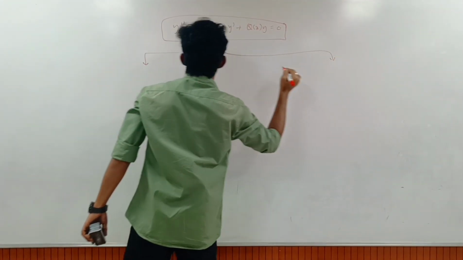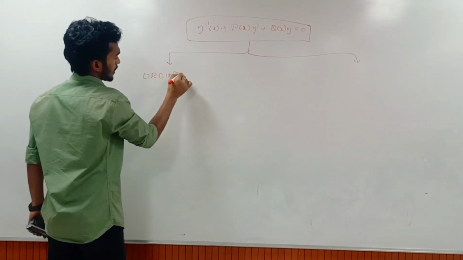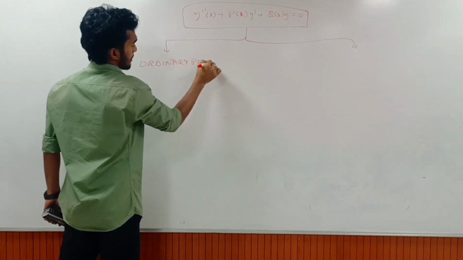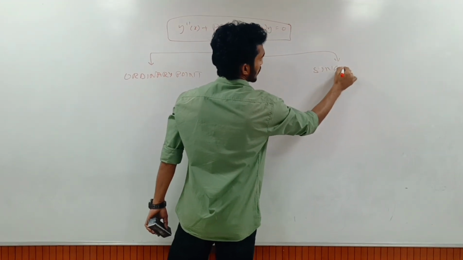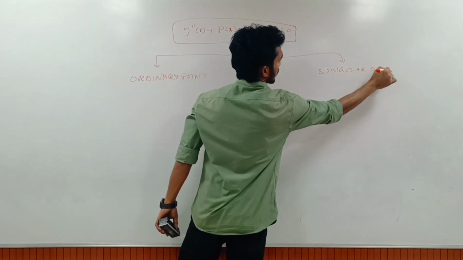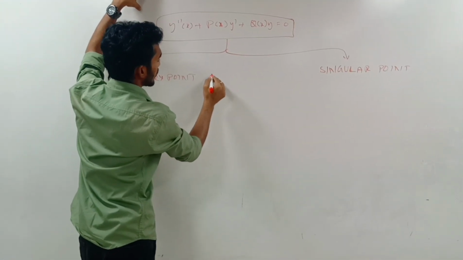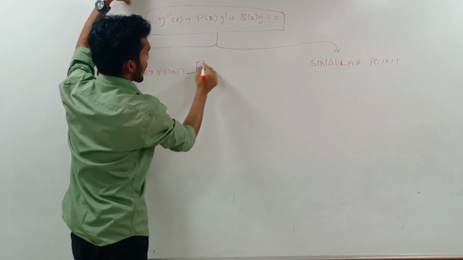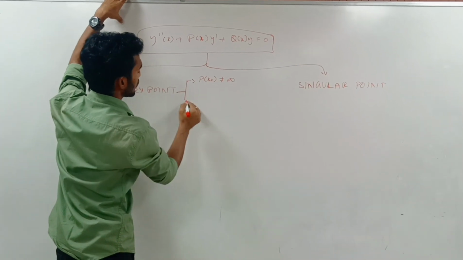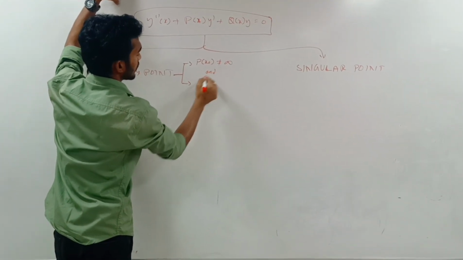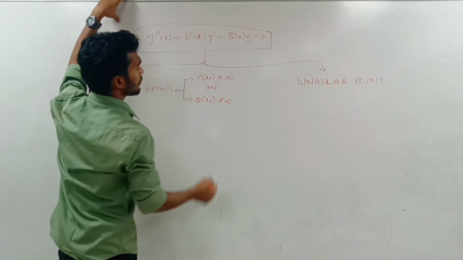Now let's discuss what we mean by ordinary point and singular point. For an ordinary point, p(x₀) should be a finite value and q(x₀) should also be a finite value.